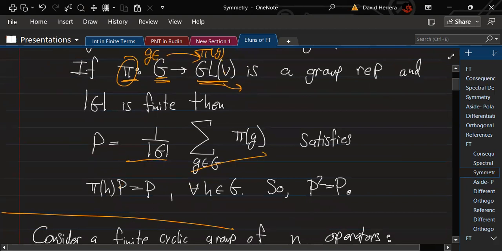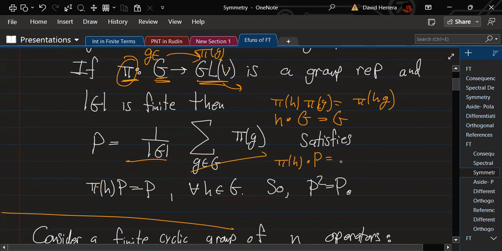Now, it turns out that if you multiply by pi of h, the group representation identity says that this is pi of hg. And a fact about groups is that if you multiply h by g, it just permutes the elements of the group. So if you do pi of h times P, that's 1 over |G|, the sum over g in G of pi of h times pi of g.